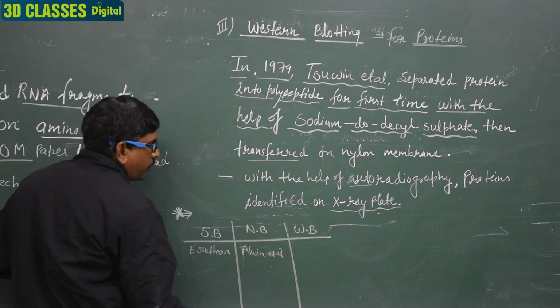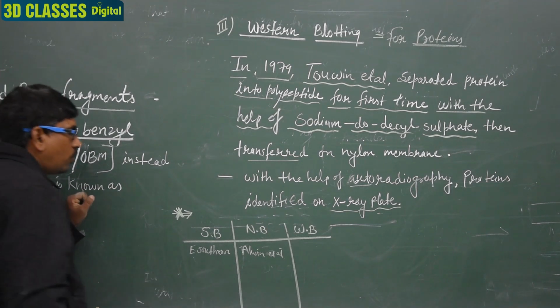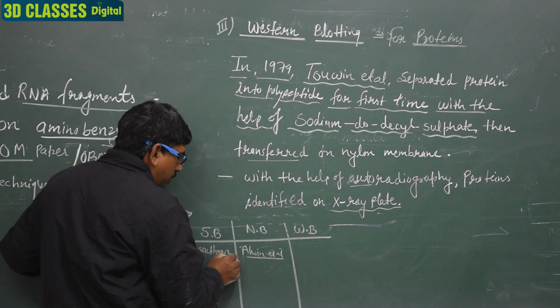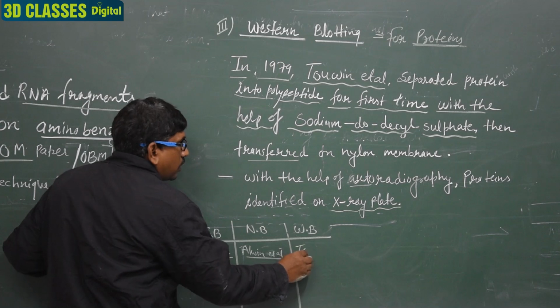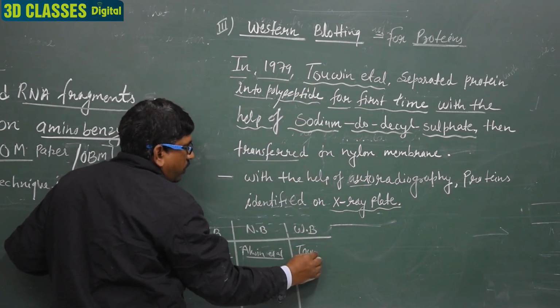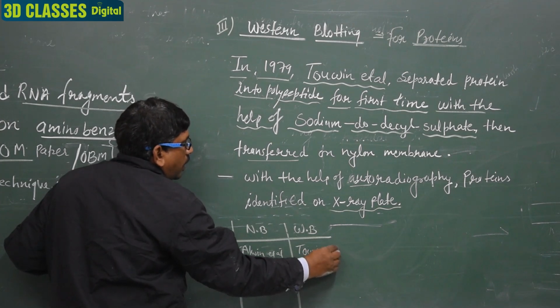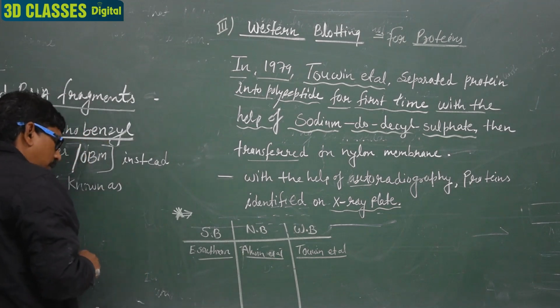What is the meaning of et al.? Et al. means more than two scientists. Alwine et al. means more than two scientists are present. And here, Towbin et al. Clear? First point.